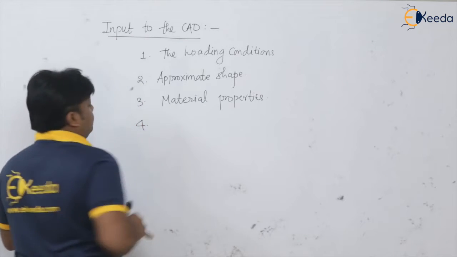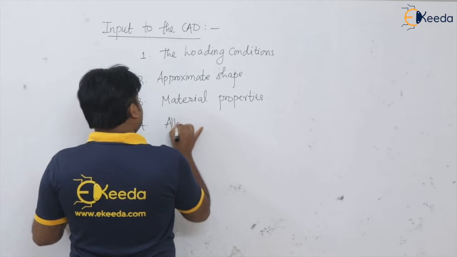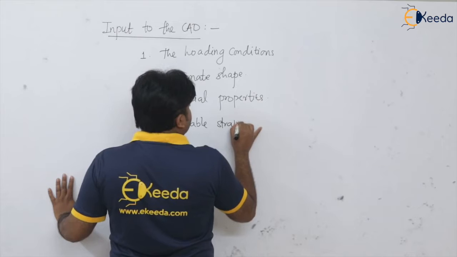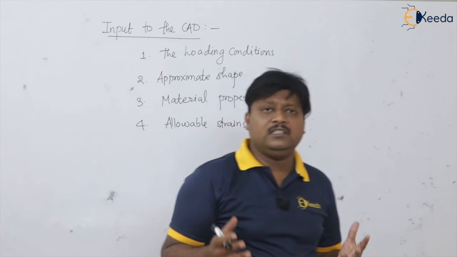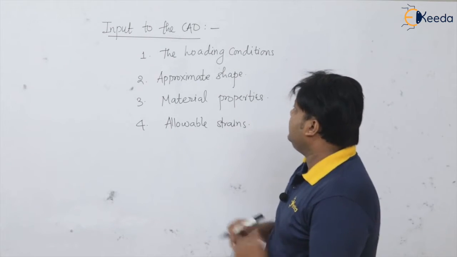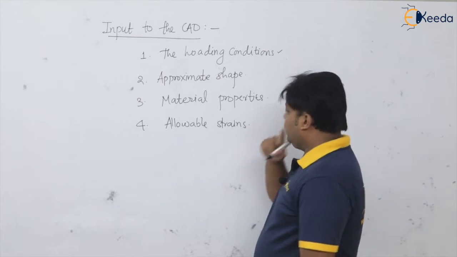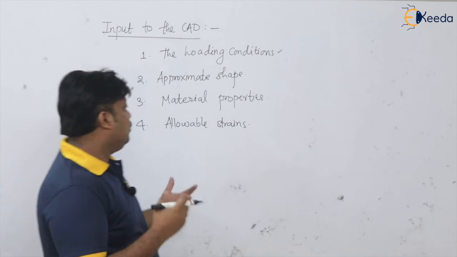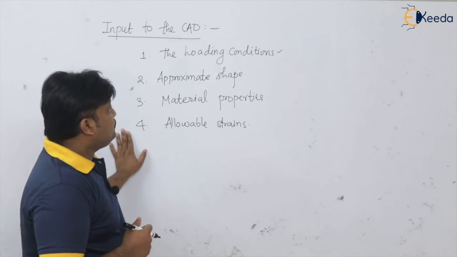And fourth, the allowable strains. So this is the input, or the first stage, the input we have to give to the CAD. So the loading conditions, how is your loading, what is the approximate shape, the material properties that you are going to use there, and the allowable strains.